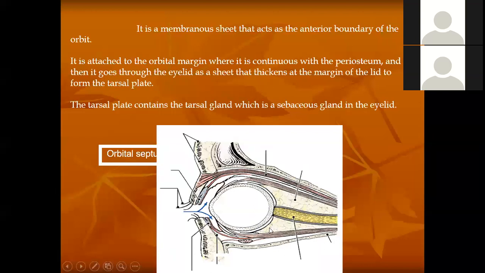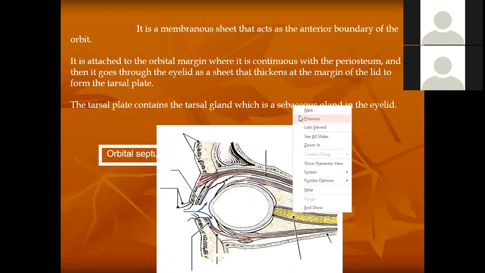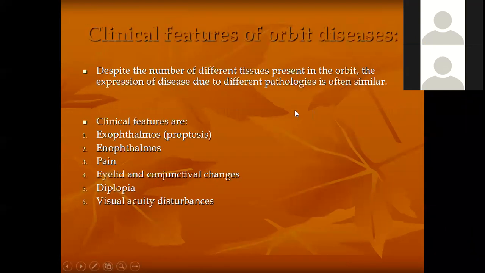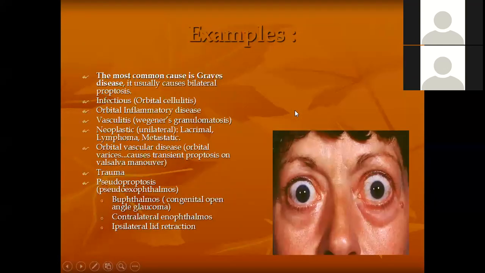You can see there's a base and an apex. Whenever there is a lesion inside the cone, it will produce axial proptosis. Whenever there is any lesion outside this cone, it will produce non-axial proptosis. I think this concept of axial and non-axial proptosis should be clear in your mind.